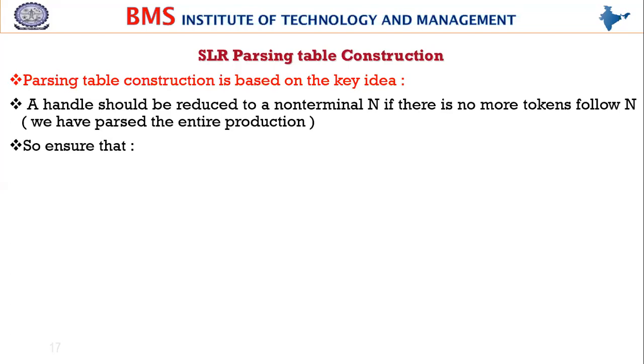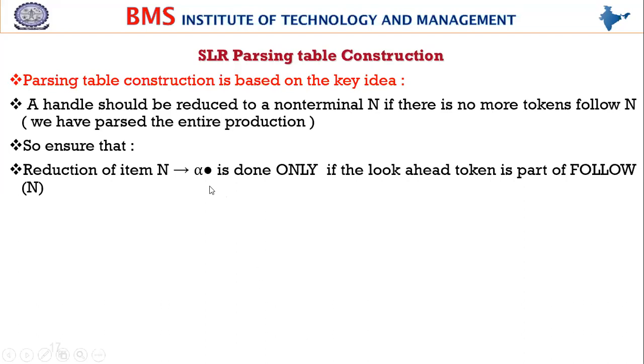For that reason, we use this notation. Reduction of an item is written like this: N produces alpha dot is done only if the lookahead token is part of the follow of N. Then only we reduce, meaning we should have seen all the follow set symbols before we reach the reduction.